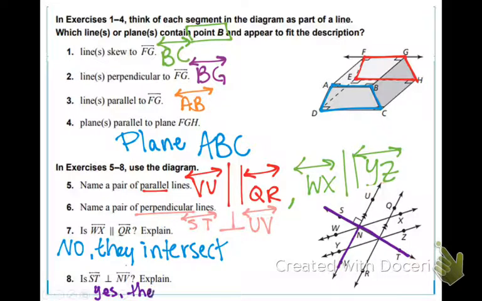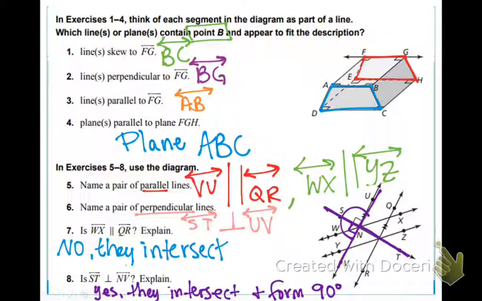Yes, they intersect and form 90. Okay, it doesn't have a right angle box, but it doesn't need one because if you have 180 degrees here, how many is taken up by this right angle box? 90, which means the other portion will also be 90.